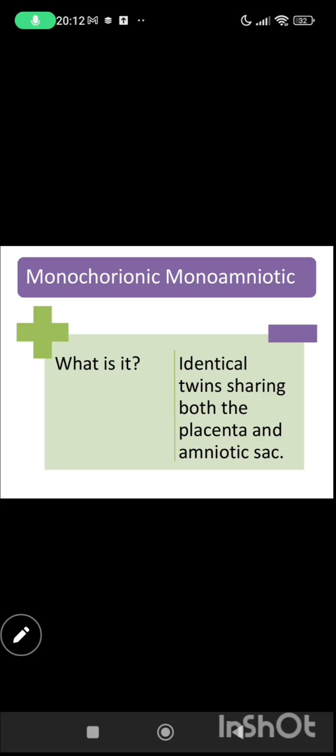But when they spend much more time together, separation is more difficult. Same here. The earlier it splits, the more separate they are. So what type of twin gestation will happen then?